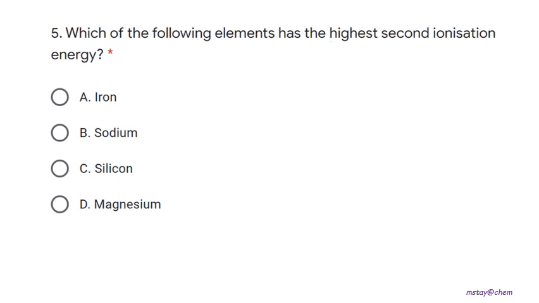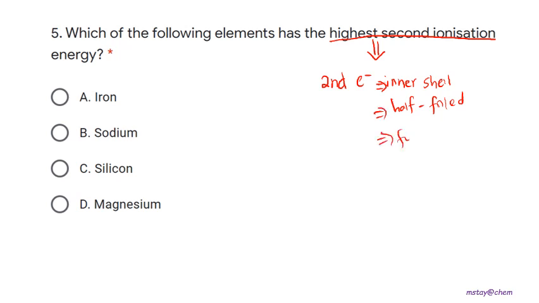Question number 5. Which one has the highest second ionization energy? From here we will know that the second electron is either removed from the inner shell, or a half-filled orbital, or a full-filled orbital.